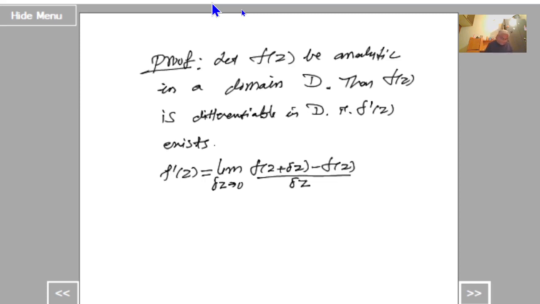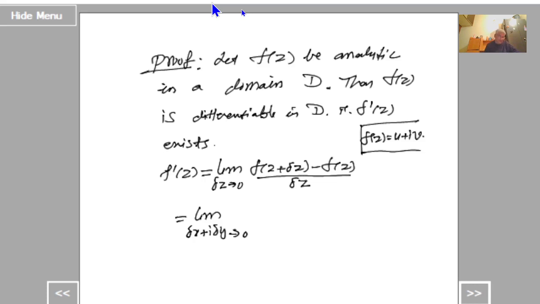Now here, f dash of z is equal to limit delta z tends to 0, where delta z means delta x plus i into delta y. What is f of z plus delta z? We have f of z equal to u plus iv, that is u of x comma y plus i into v of x comma y.